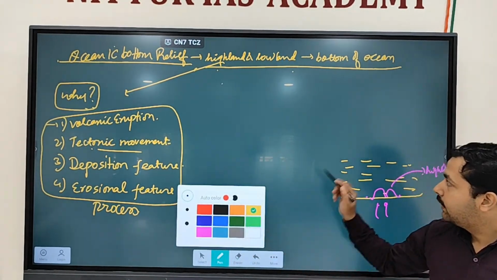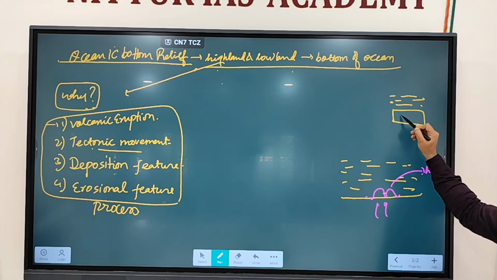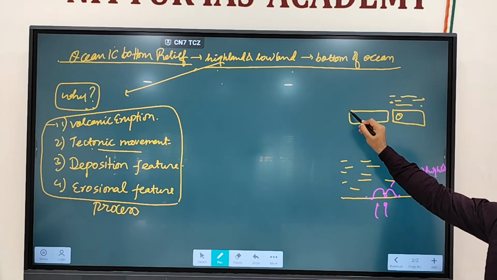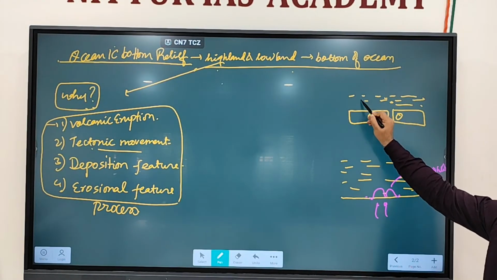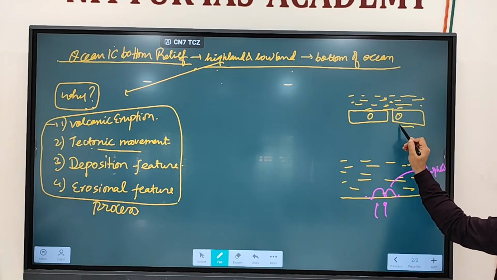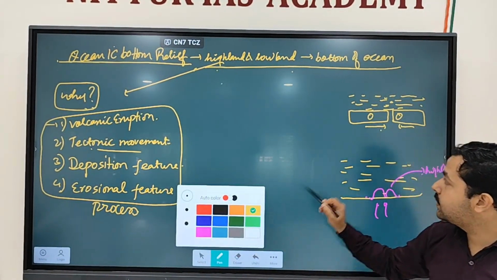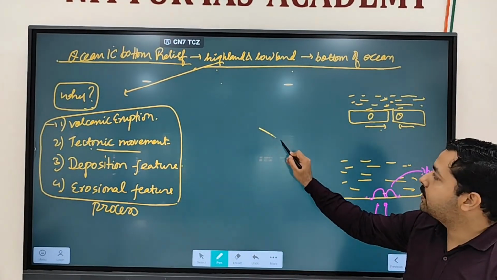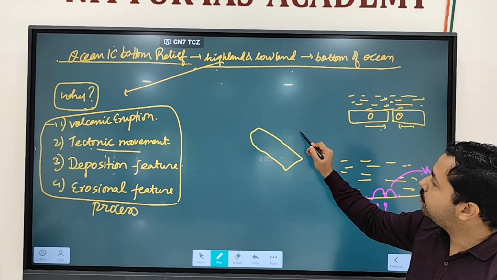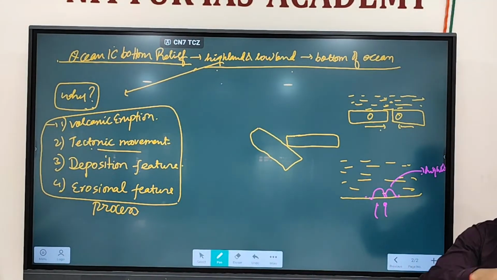Second thing, let's say there is a plate. This plate is which plate? Oceanic plate. When oceanic collision happens, what happens? We discussed the denser oceanic plate will go down. You remember the Archimedes principle we talked about, always the less dense will float over what?